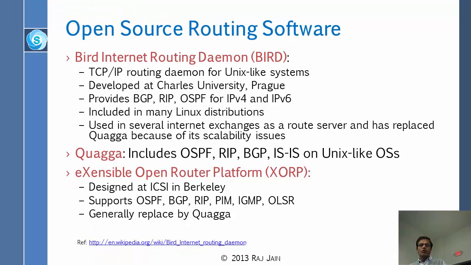So open source routing software has nothing to do basically with OpenFlow. But I put these slides because anytime you do anything with OpenFlow or SDN or any of these things, you will run into these pieces of software. And if you go to Wikipedia, it has a bigger list.